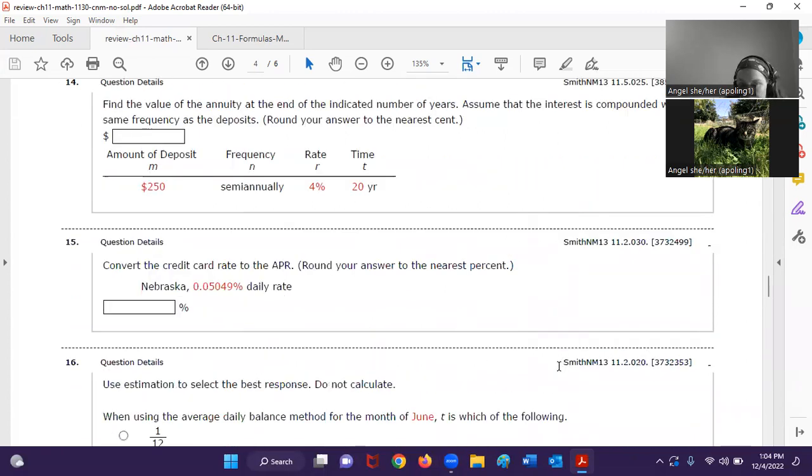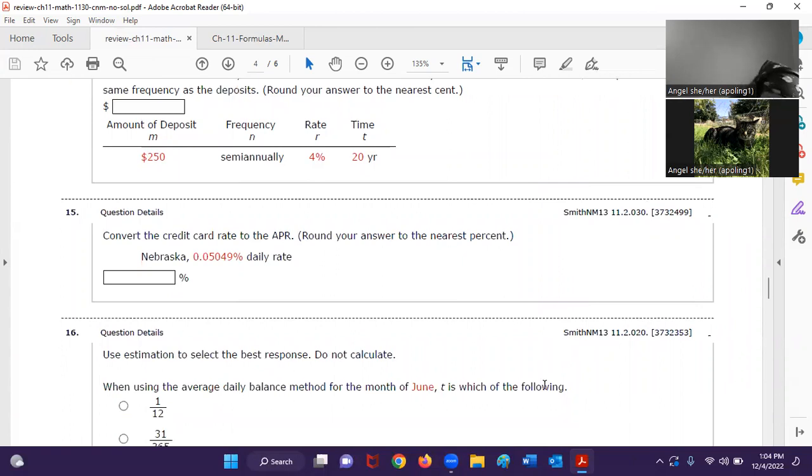All right, convert the credit card rate to APR. Round your answer to the nearest percent. So we have this daily rate here. They're telling us that the daily rate is 0.05049%.